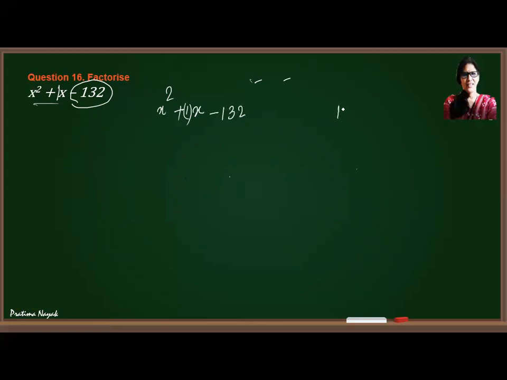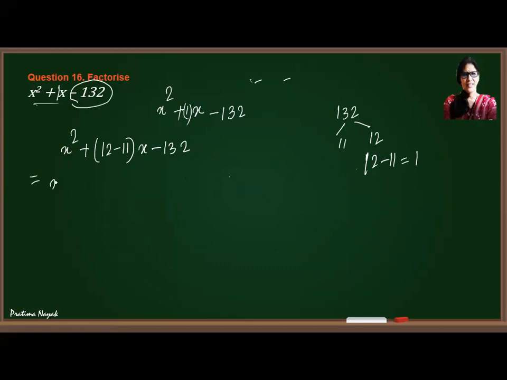As I discussed, 132 is factor 11 and 12. So 12 minus 11 is 1. So I'll write x square plus, instead of 1, 12 minus 11 into x minus 132.